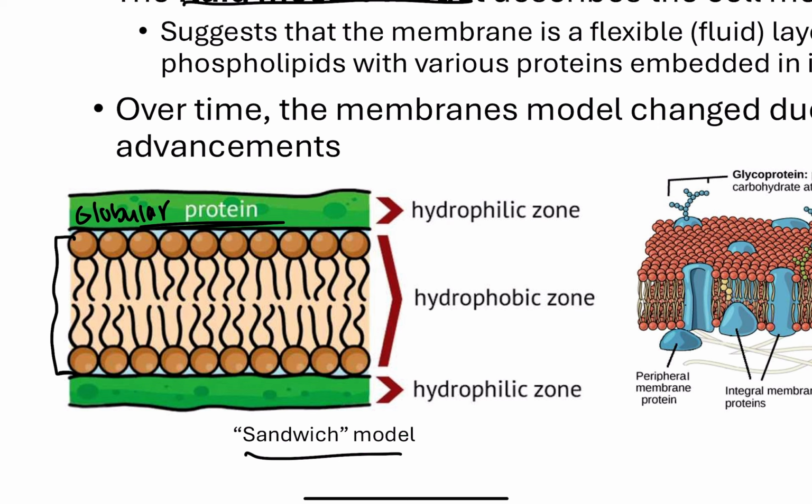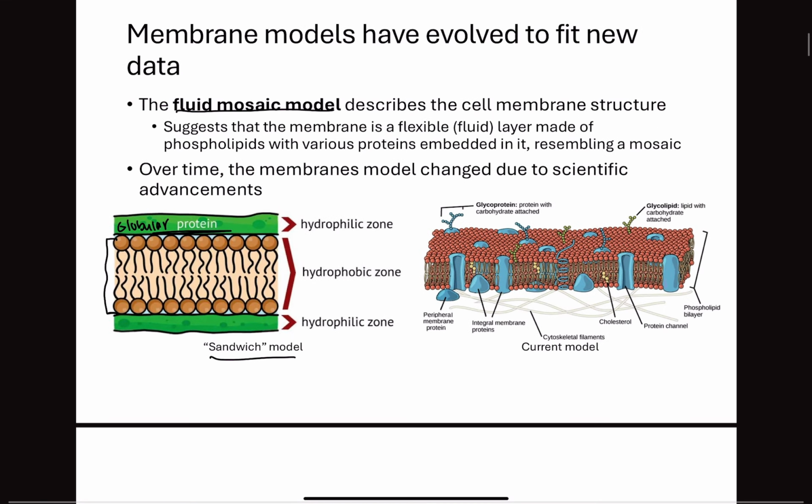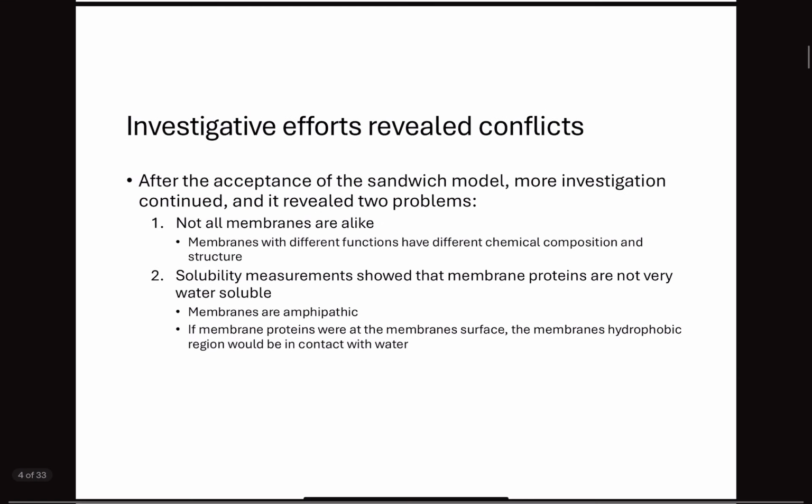And the early images that we were able to obtain from electron microscopes seemed to support this sandwich model. And until the 1960s, so nearly 30 years later, it was widely accepted that that was the structure of our membrane and of our internal membranes. So after the development of the sandwich model, we had continuous investigations.